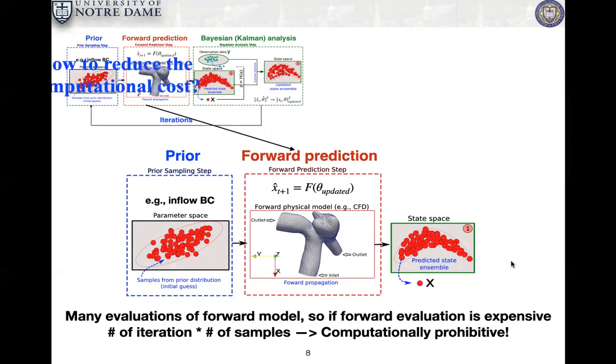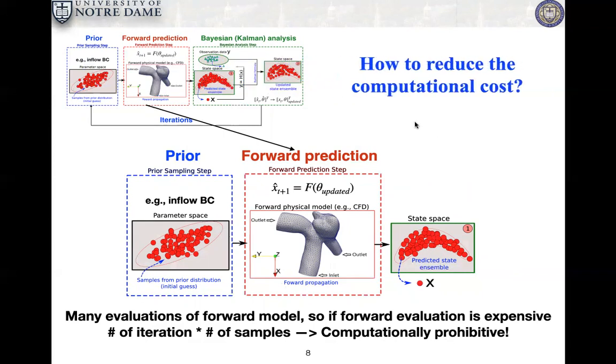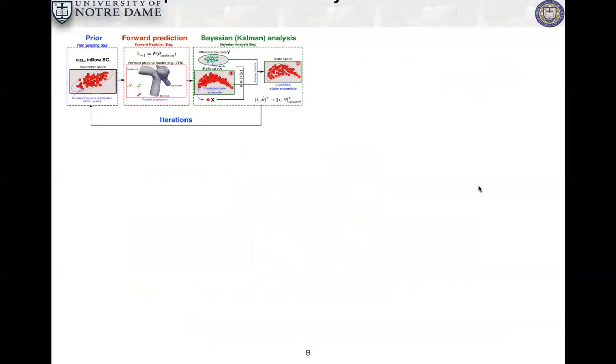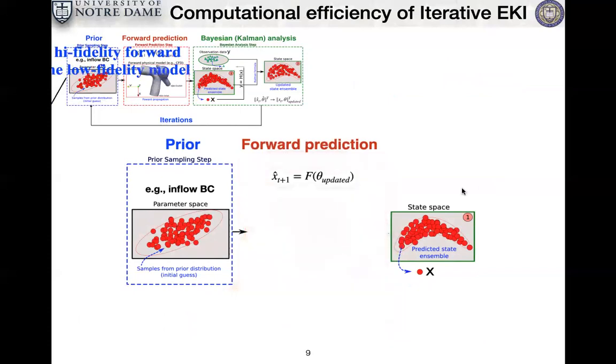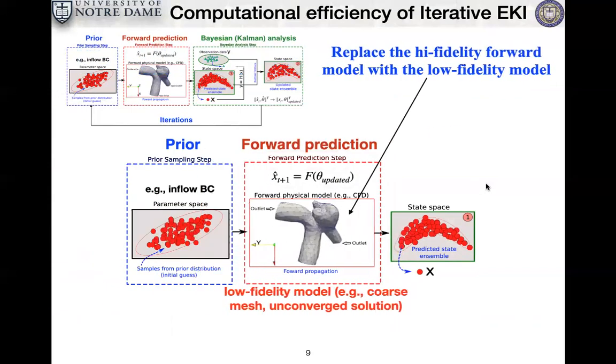So how can we reduce the computational cost in this method? One very intuitive solution is that we can just substitute the simulation with a very coarse, low fidelity solution. One example of changing a high fidelity simulation into a low fidelity simulation is that we can just change the mesh from a very dense mesh to a very coarse mesh.